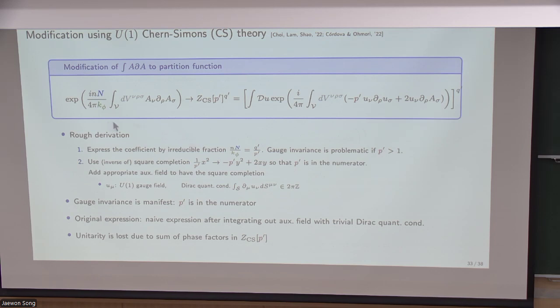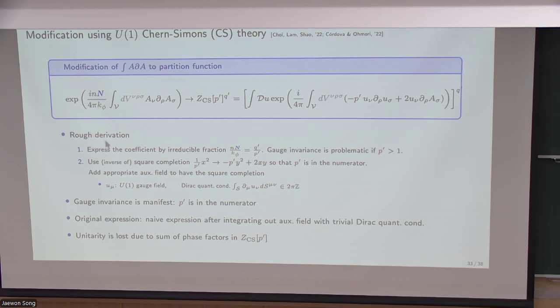Let me explain this. This has been done by these papers. We can modify the term from the axion photon coupling to the partition function of the Chern-Simons theory. The derivation is the same as the previous one.